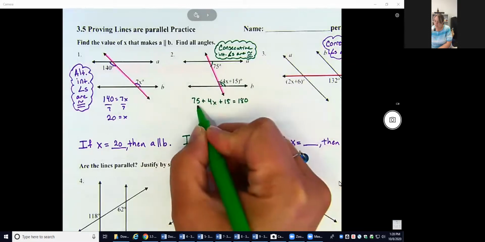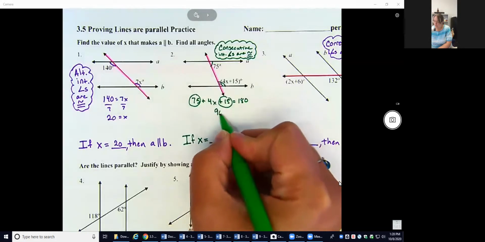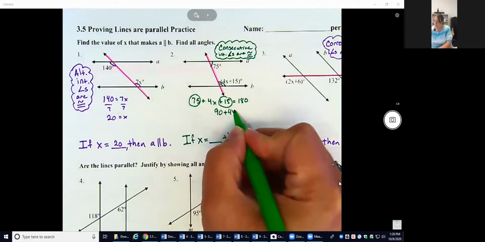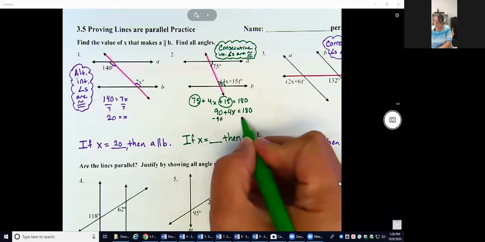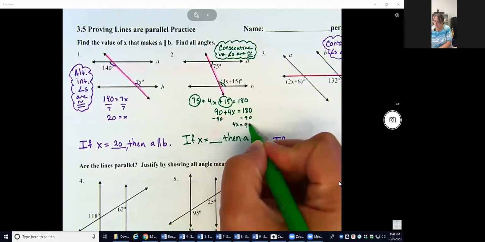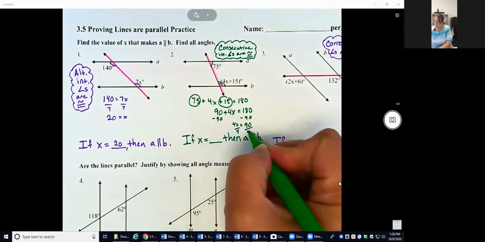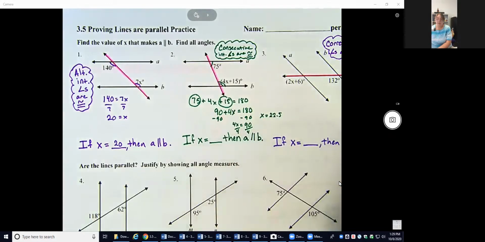Then you want to combine like terms, so my positive 75 and my positive 15 make 90 plus 4x equals 180. And then you want to subtract 90 on both sides. So 4x equals 90. Divide that by 4, and you get x equals 22.5.